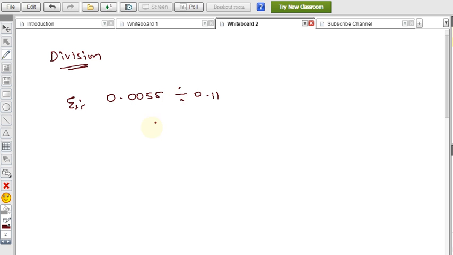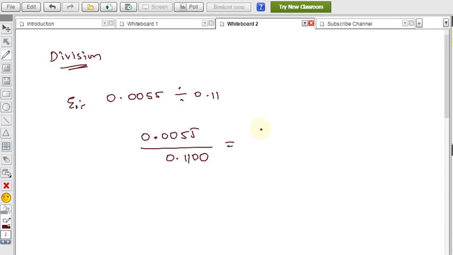Here after the point there are 4 digits, and here after the point 2 digits. The digits after the point should be equal. Here there are 4 and here only 2, so just keep 2 extra zeros.